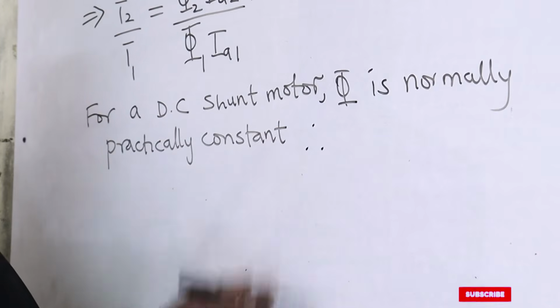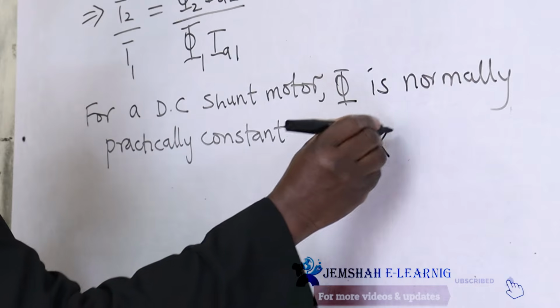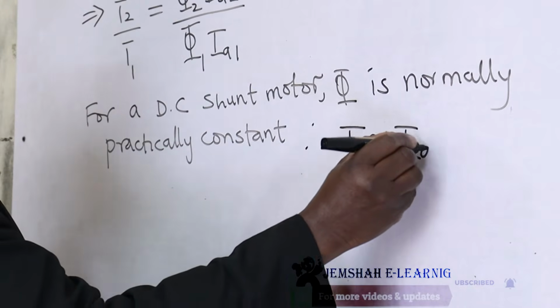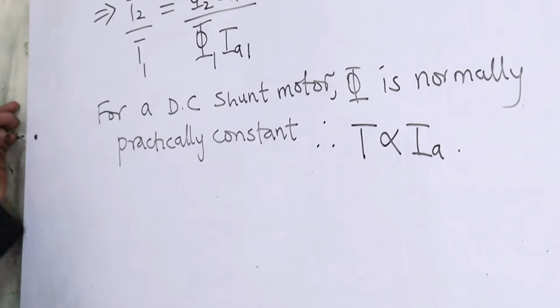Therefore, T can be said to be proportional to IA.